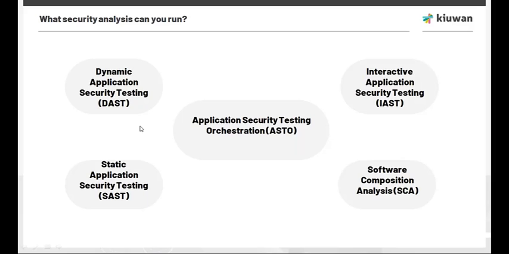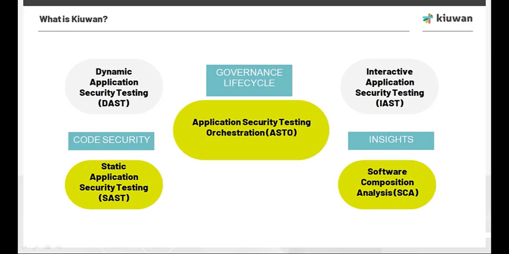With Kiuwan, we can run different controls, different analysis. We can run static application security testing with the Code Security module. We can run software composition analysis to verify the open source components with the Insights module. And we can govern all this analysis from the Governance module, where we will have a full vision of all our applications.